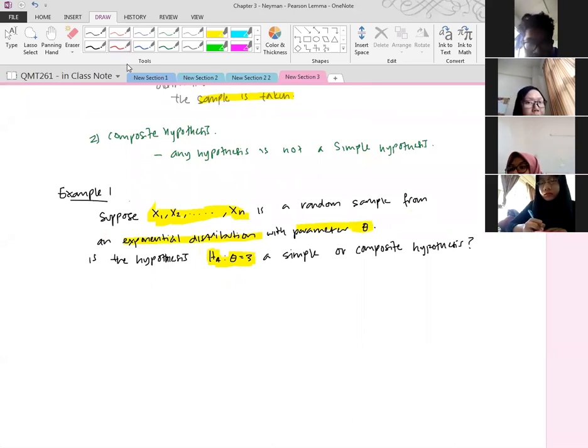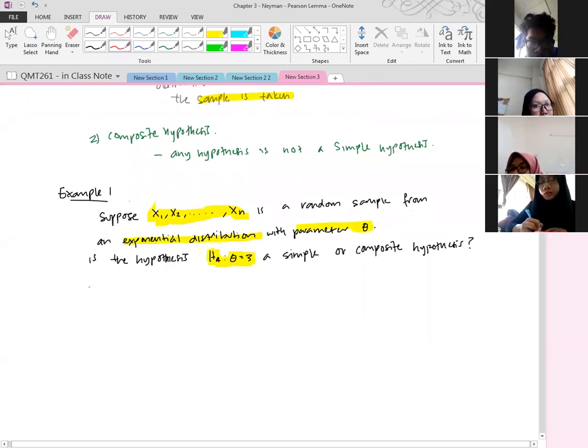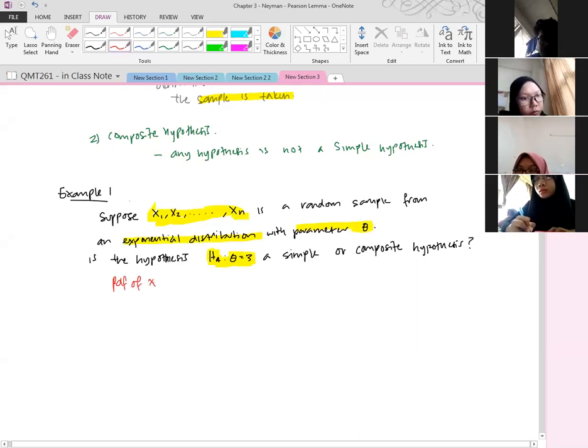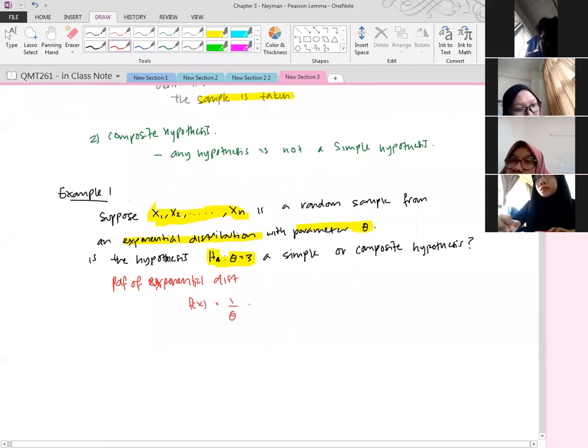To know this, first we need to know the PDF of the exponential distribution, which is f(x) equal to 1 over theta exponential negative x over theta, for x more than or equal to 0.